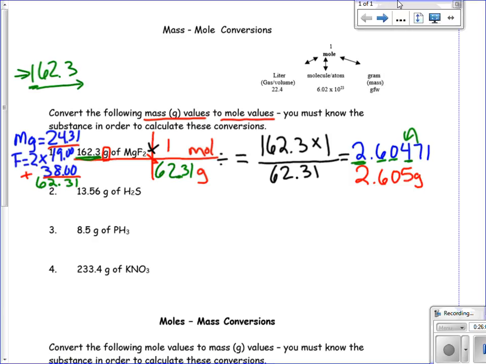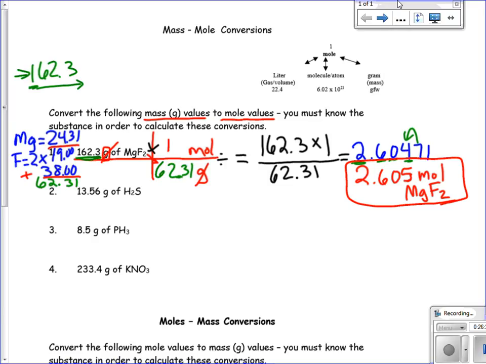No, I'm sorry. We got rid of grams, right? We're going to moles. No, it's moles. Right? We cancel out our grams. Grams get canceled. So we have moles, and then don't forget to write your compound down here. Magnesium fluoride. And then you would circle this as your final answer.